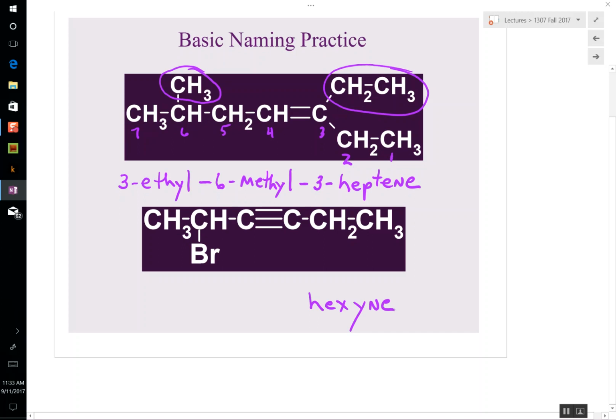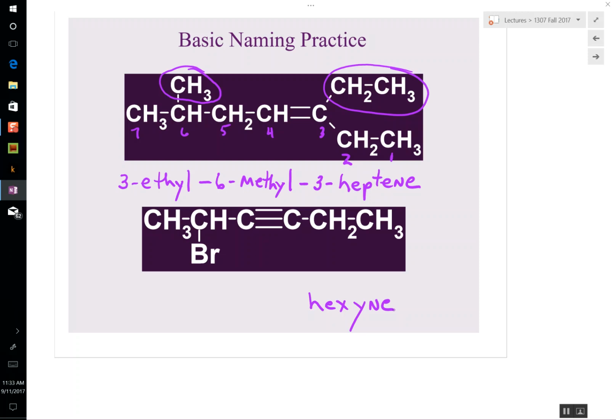Hexyne. All right, now we could start 1, 2, 3. That would be carbon number 3, 4, 5, 6. Or we could go 1, 2, 3, 4, 5, 6. Which one do you think is 1? This one. All right, we're going to favor this one as 1. It doesn't matter for the triple bond.